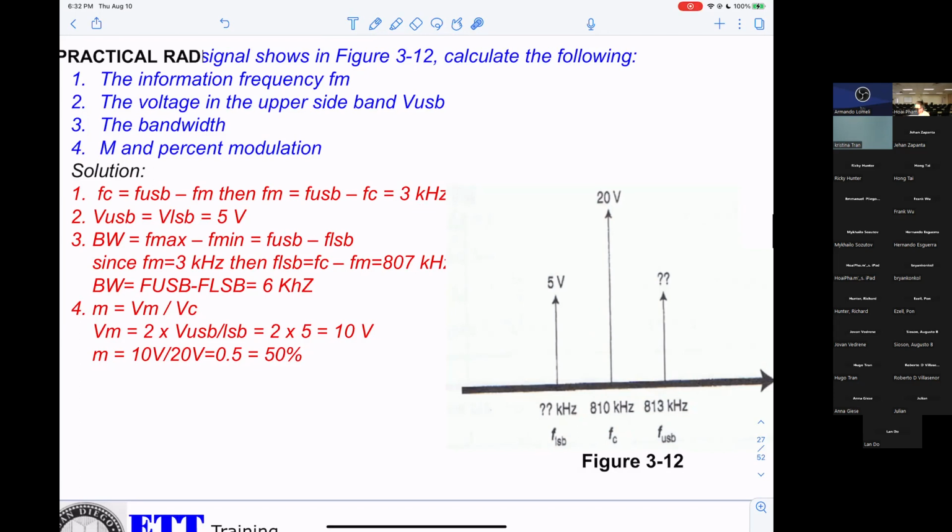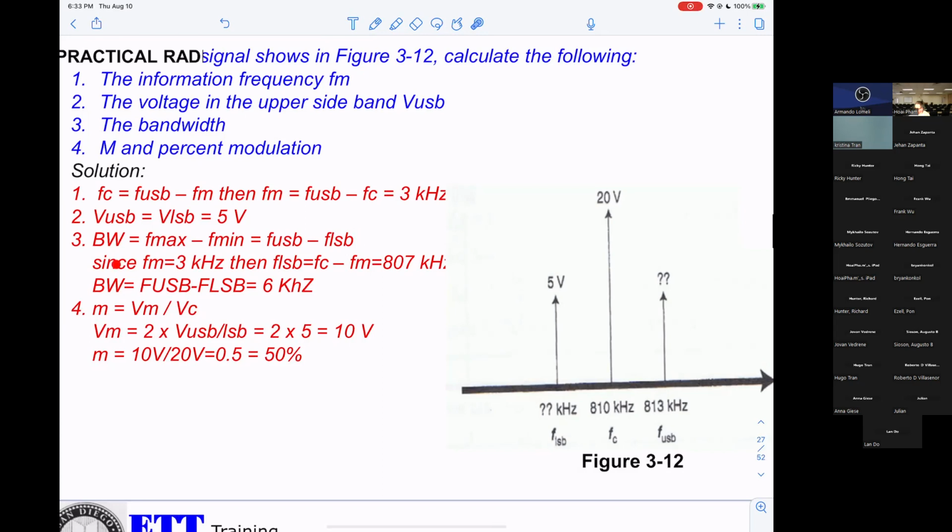V upper sideband and V lower sideband. They want to know what voltage here. They will be the same, equal to 5 volts. Bandwidth is F maximum minus F minimum, F upper sideband minus F lower sideband.